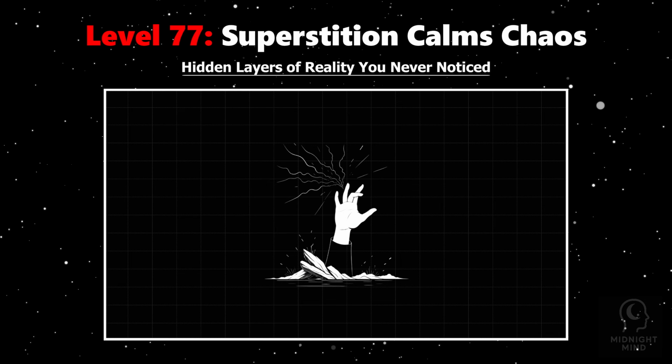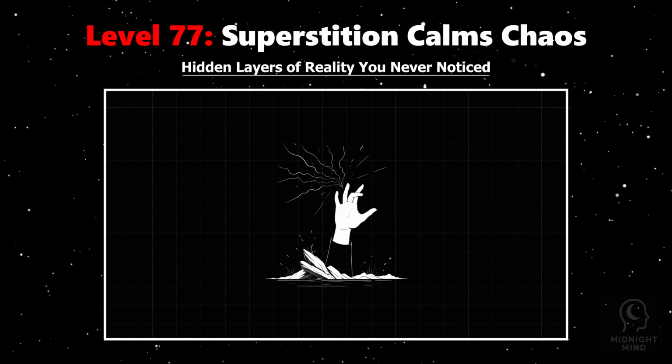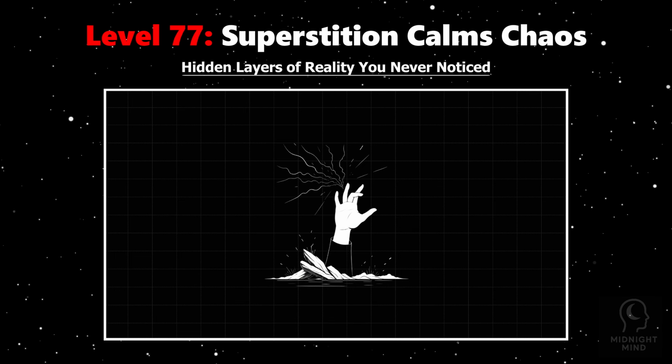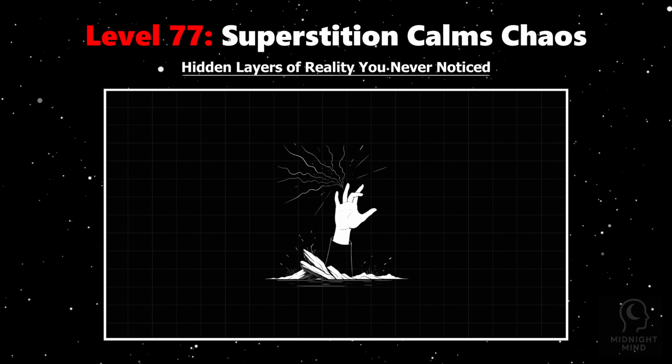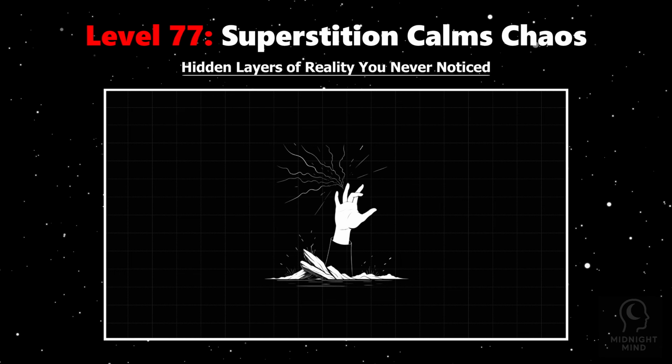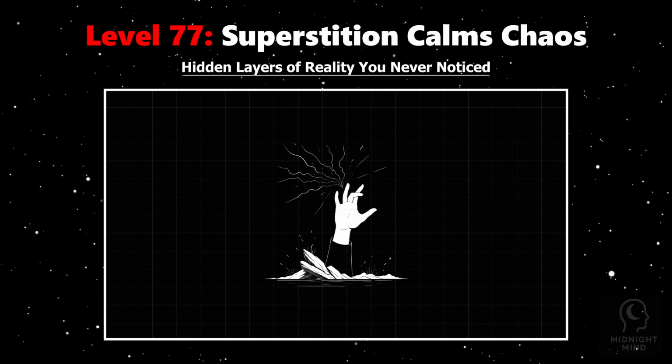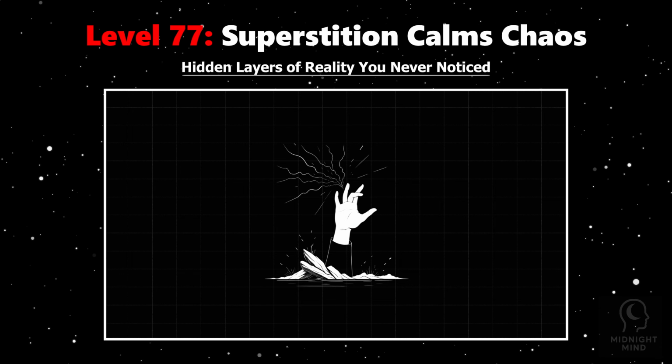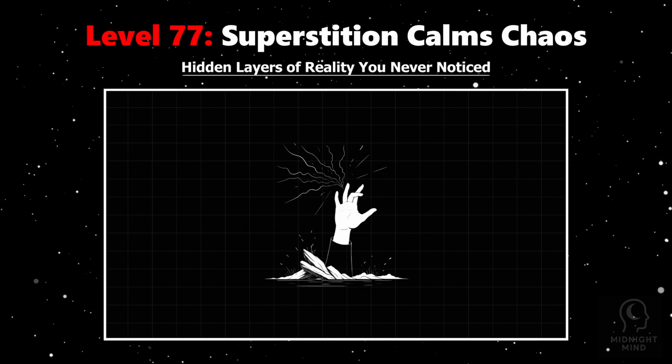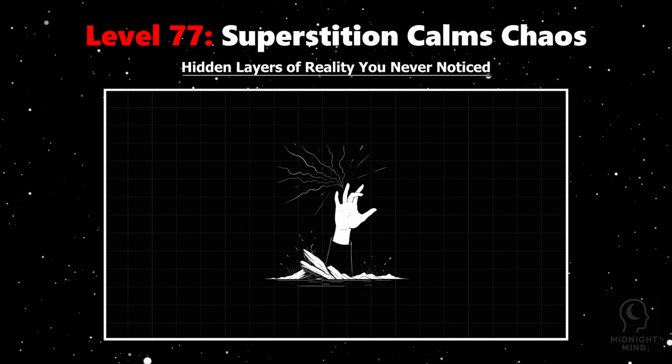Neuroscientific studies reveal that performing superstitious rituals activates the brain's reward system, releasing dopamine, which alleviates stress and enhances focus. This biochemical response makes the ritual feel effective, reinforcing the behavior even without real-world impact.